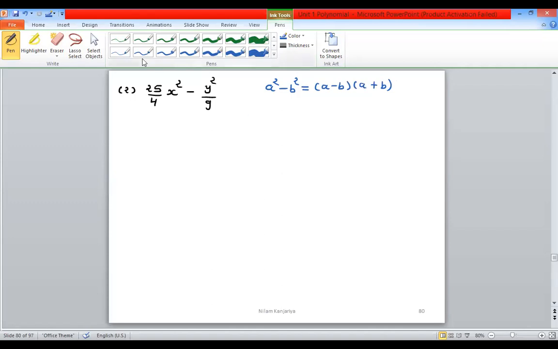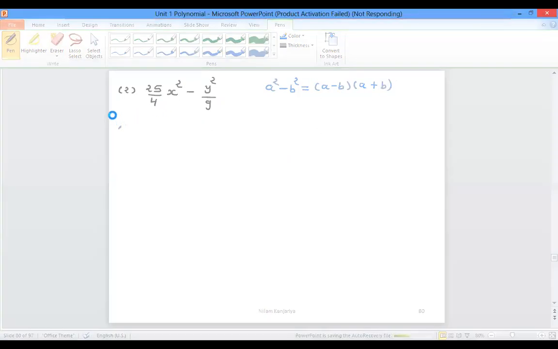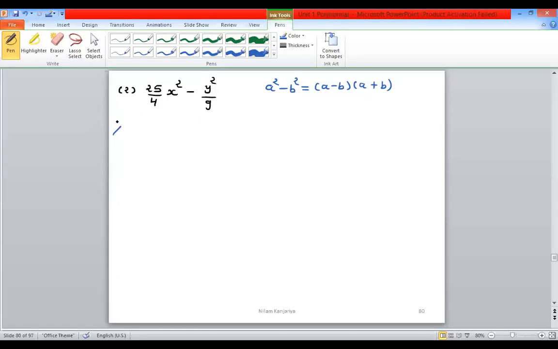Now, first of all, I want the a and b. I can write it in simple form. 25 is 5 square. 4 is 2 square. 9 is 3 square. So how can we write this equation? Look at the answer.